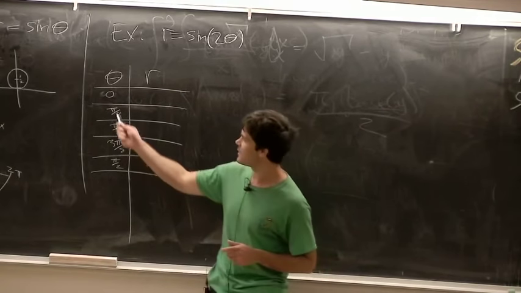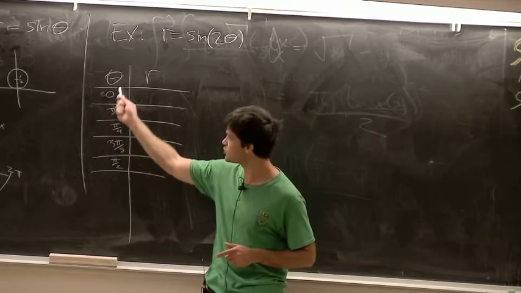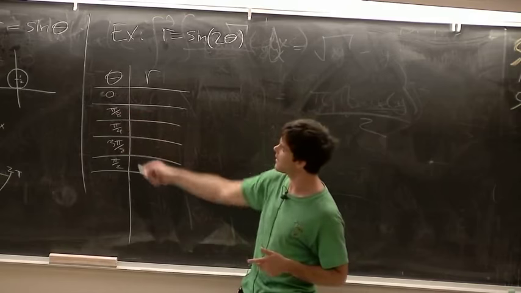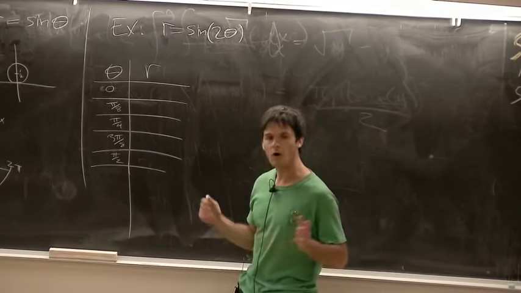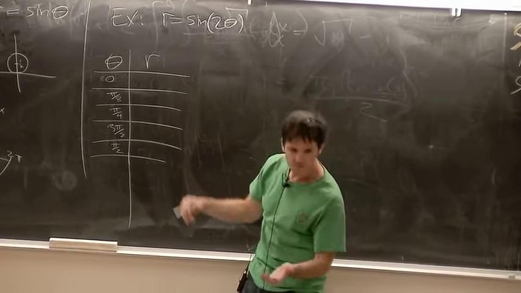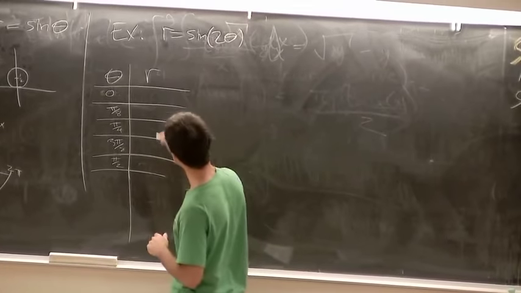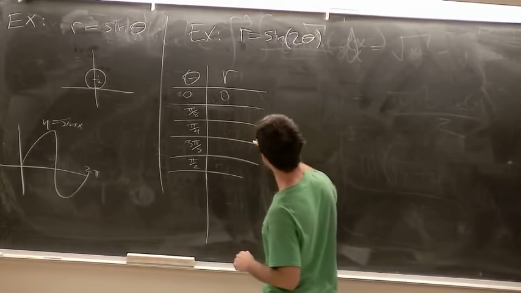So again, it took a little bit of forethought to choose which theta angles I wanted here. I'm choosing all angles that, once I double them, give me something easy enough to evaluate with the sine. So sine of 0 is 0.